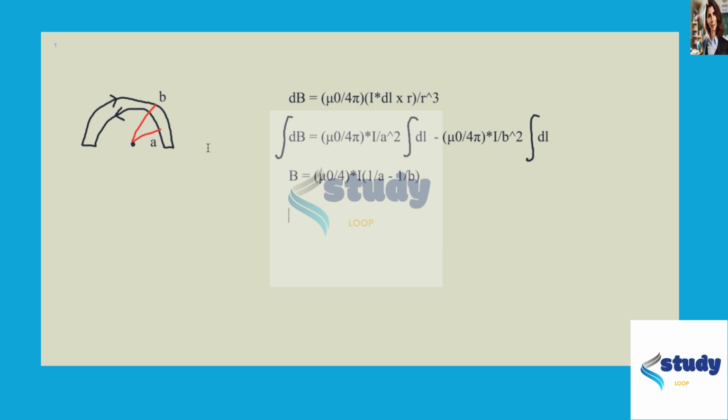So thinking about the direction of the magnetic field that this wire is exerting on point P, if we point our thumb in the direction of the current at A, so point our thumb counterclockwise like this, using the right-hand rule, we find that the magnetic field is pointing out of the page here.